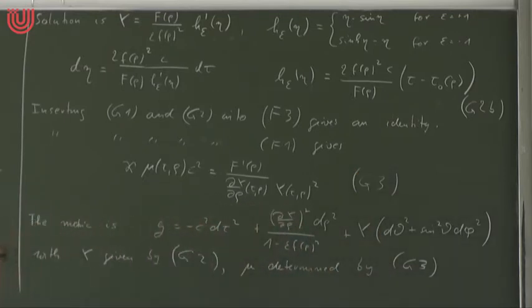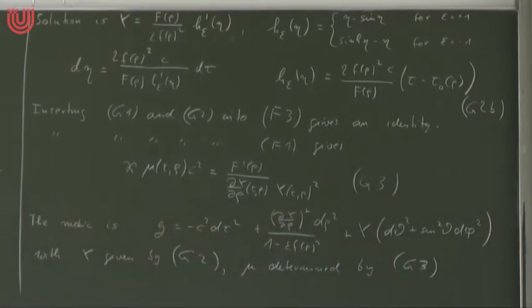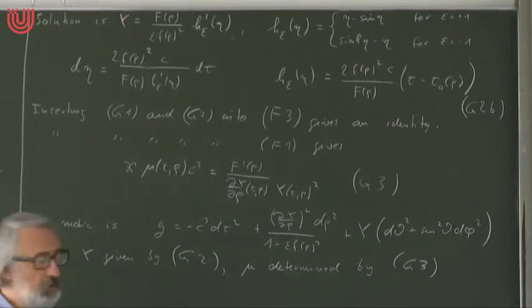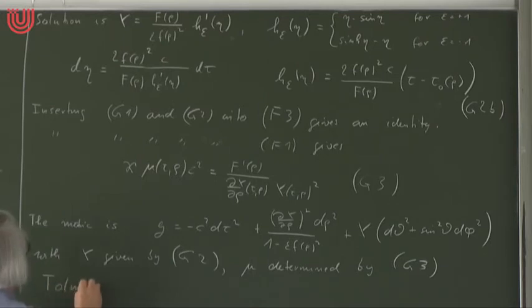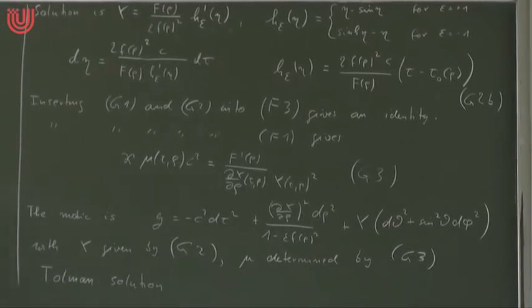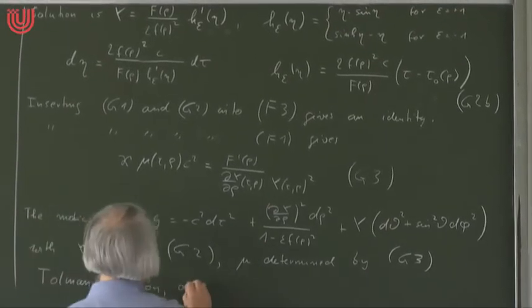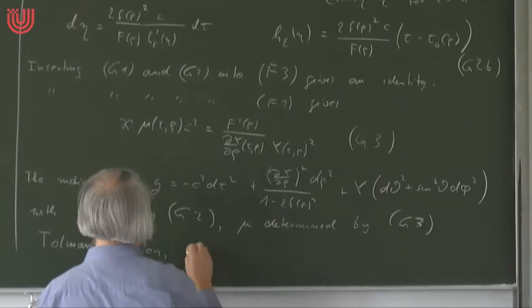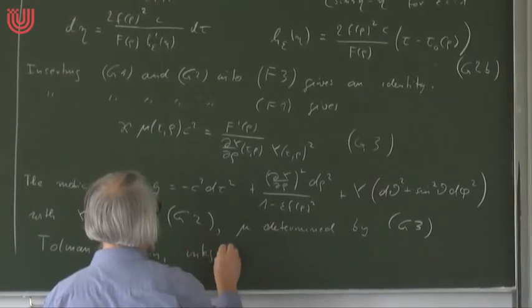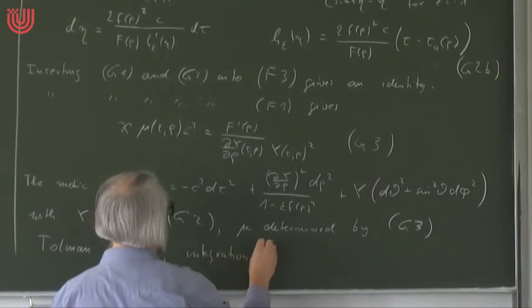Okay, and that's what one calls the Tolman solution. It's a general solution to Einstein's field equation, spherically symmetric with a dust. So that's the Tolman solution. It involves three functions which come in as integration constants.